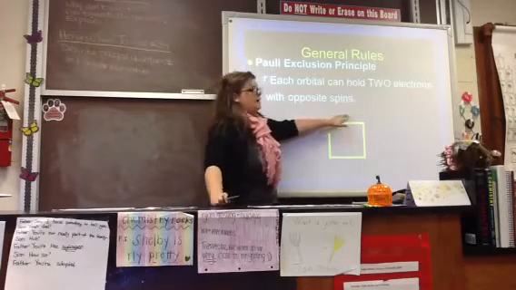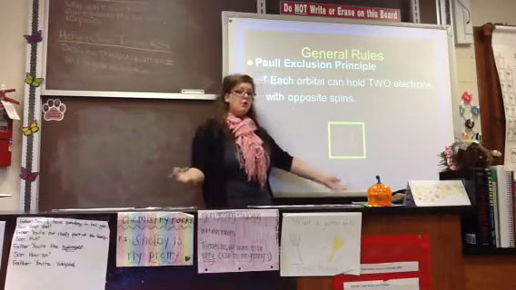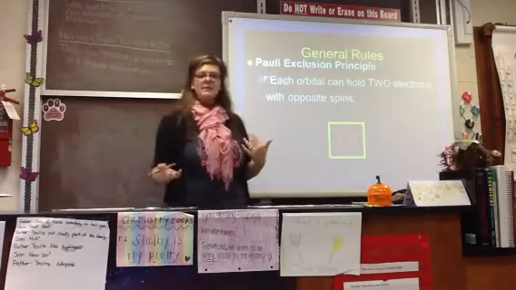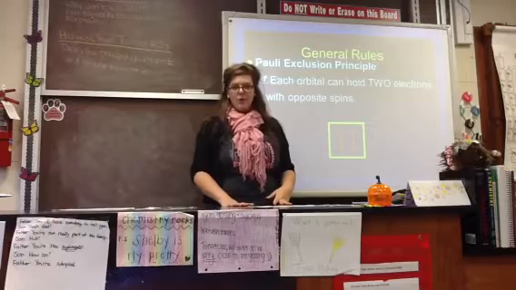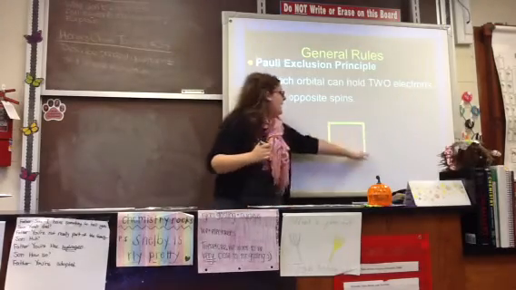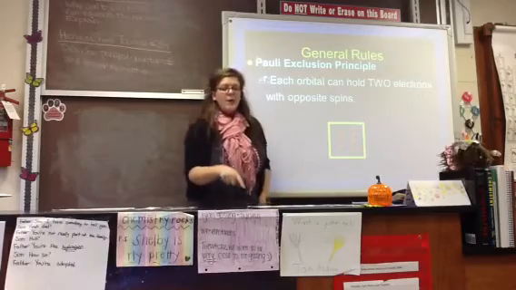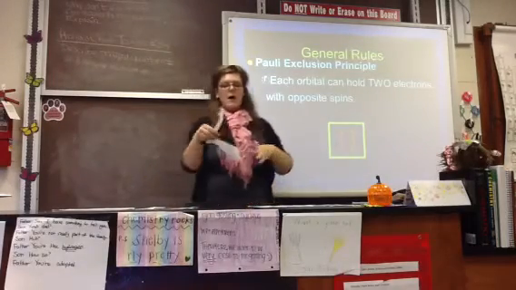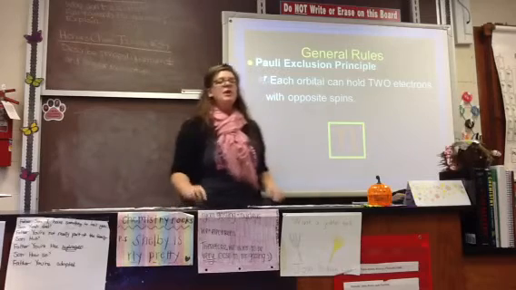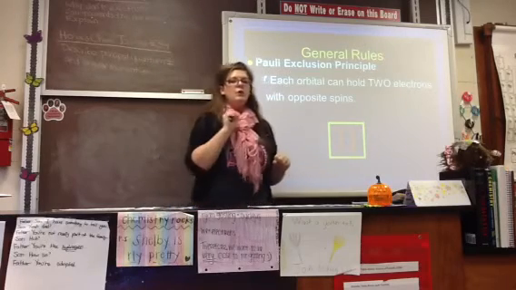In this little box, we draw something called orbital diagrams. And orbital diagrams are a way that we can represent an electron cloud without having to draw the shapes. So right now I have one box. Based on what you have here on your pictures and based on your notes, which orbital has only one shape?